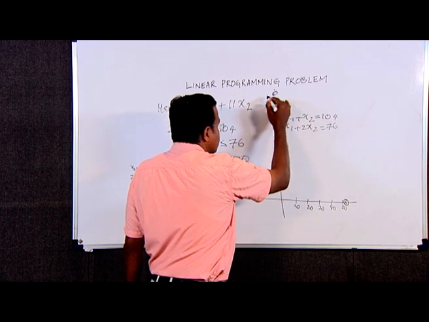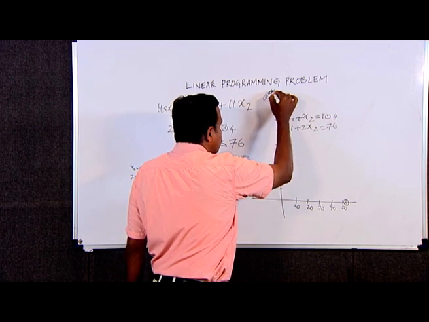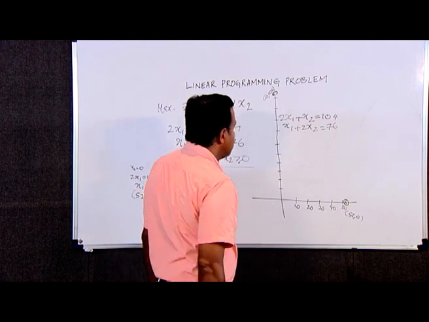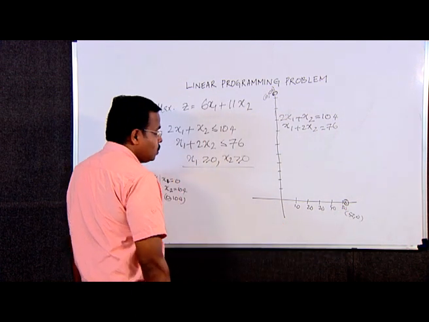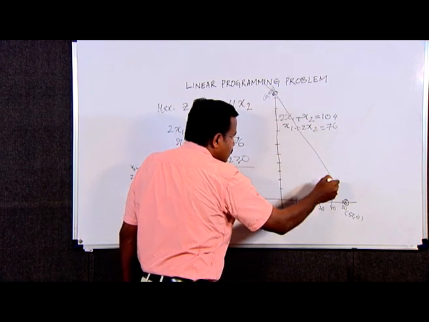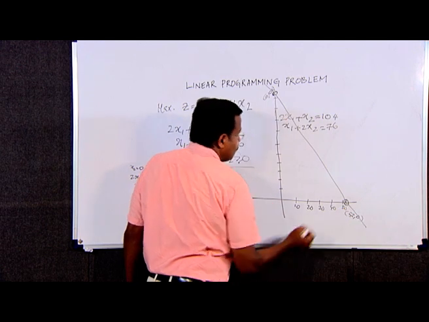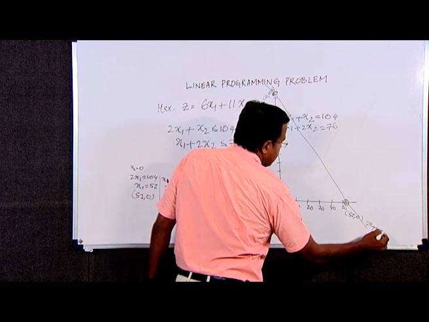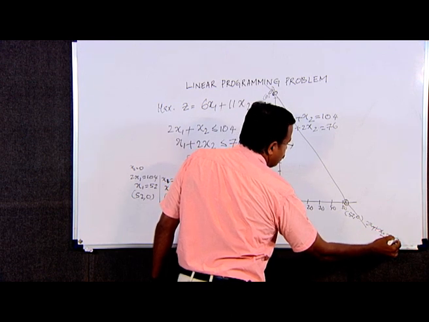So, (0, 104) and here it is (52, 0). Joining these 2 points, this is the graph of this straight line 2x1 plus x2 equal to 104.